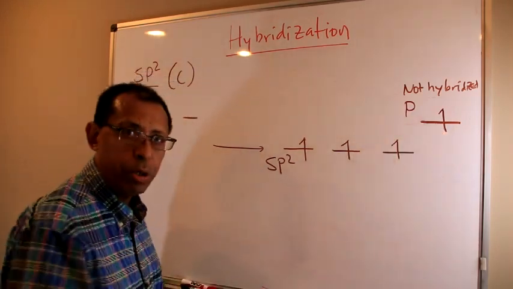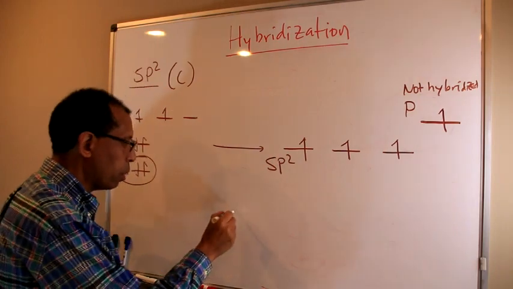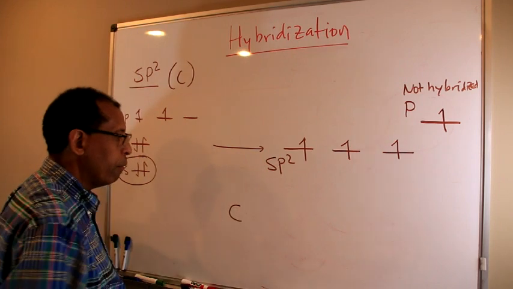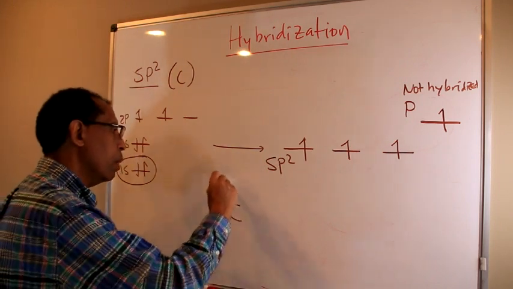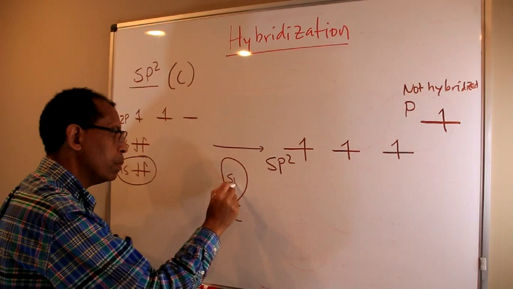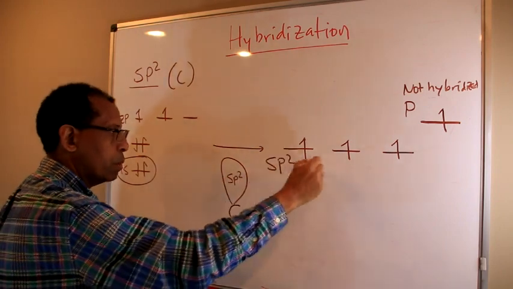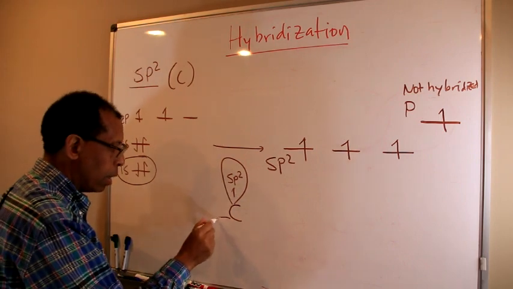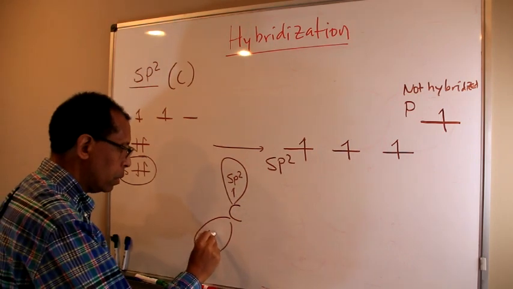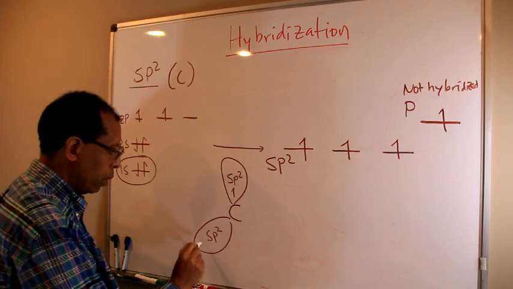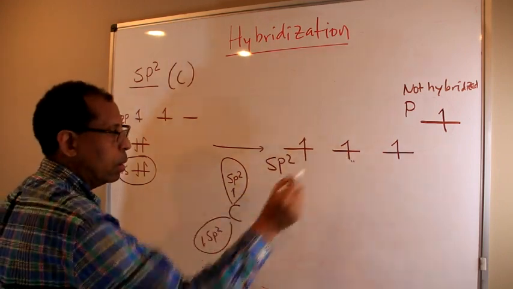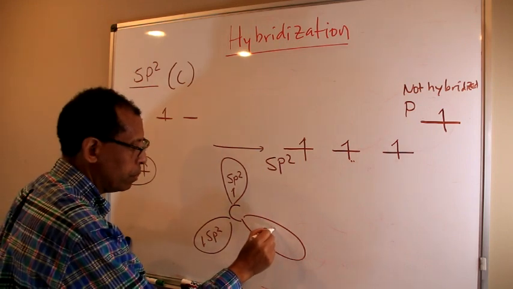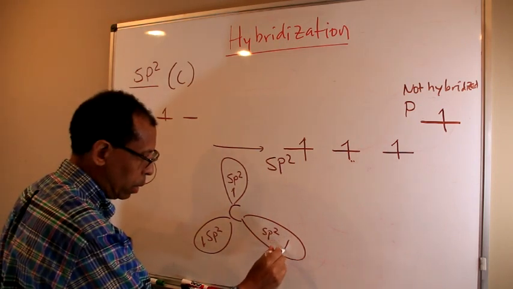So if we were to draw this, the sp2 orbital configuration would be: one of the sp2s with 1 electron, another sp2 with 1 electron, and another sp2 with 1 electron.